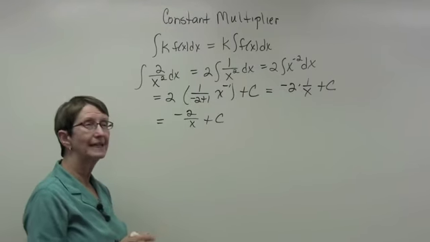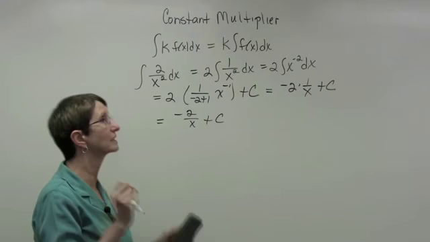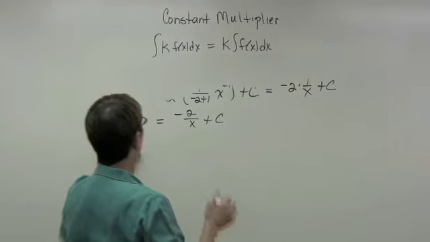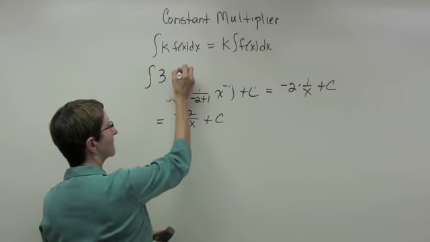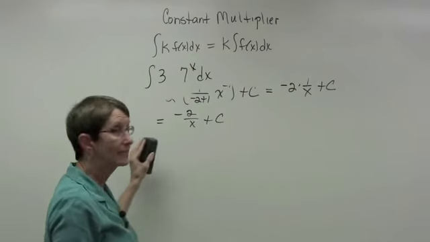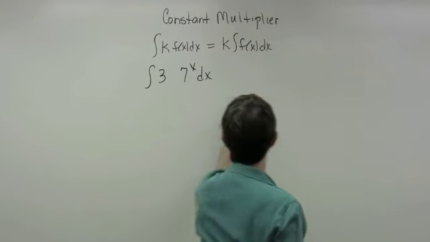Now the next example is a little more, maybe not more complicated, but has one thing that looks a little different to it. The integral of 3 times 7 to the x dx. Now when you look at that, I put a big space in the middle.